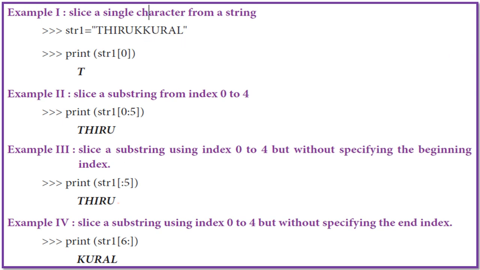So 6 to 10 is Kural. We are getting the values 6 to 10. Here we need not give the end value. Simply within the square bracket we indicate 6 colon, then we get the substring of index value 6 to 10, Kural.